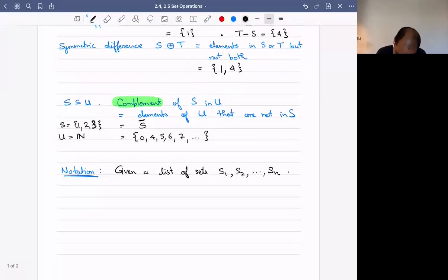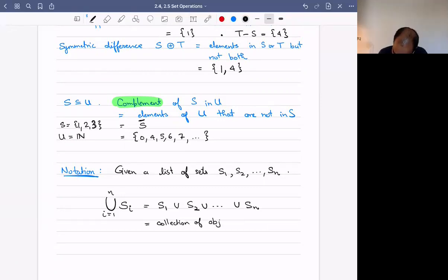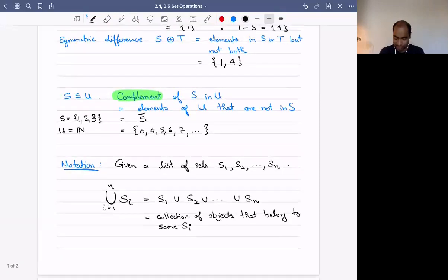Then the notation big union, i equals 1 to n, Si stands for S1 union S2 union and so on up to Sn. And this would be the collection of objects that belong to some Si. And similarly, there is a notation for intersection. And this is the collection of objects belonging to all of the Si.